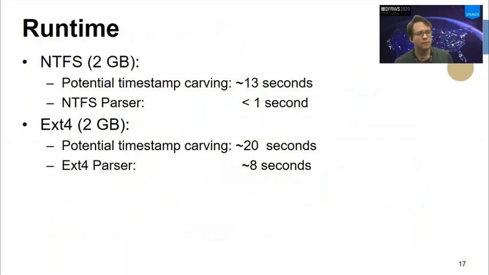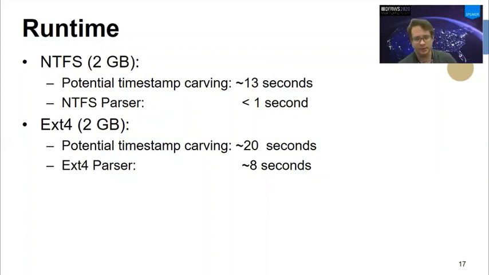Before was essentially discussing precision and recall, but let's discuss the runtimes for the experiments as well. Running the potential timestamp carving on the NTFS image took approximately 13 seconds, and running the NTFS specific parser took less than 1 second. On the other hand, for the ext4 image, the potential timestamp carving took about 20 seconds.